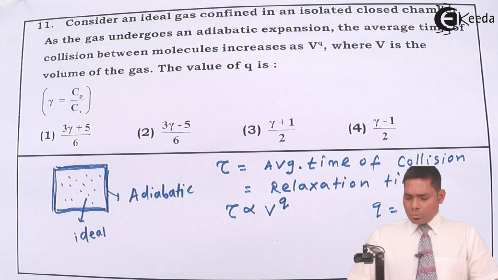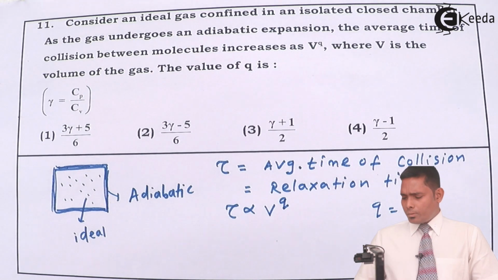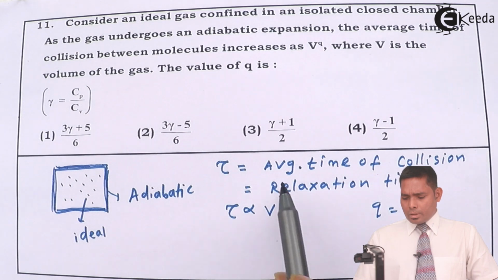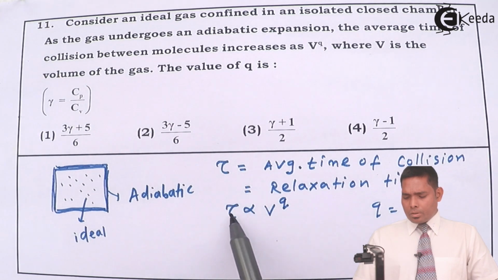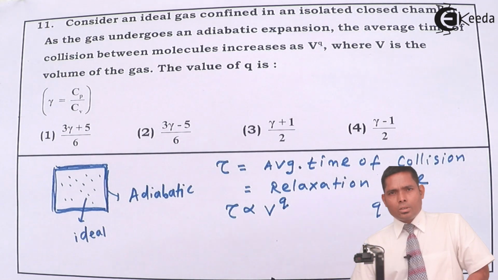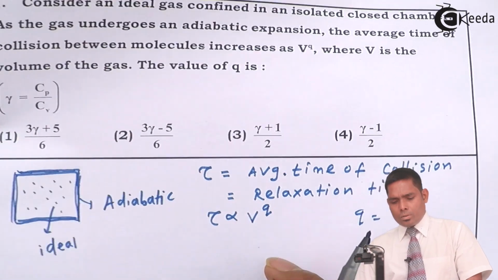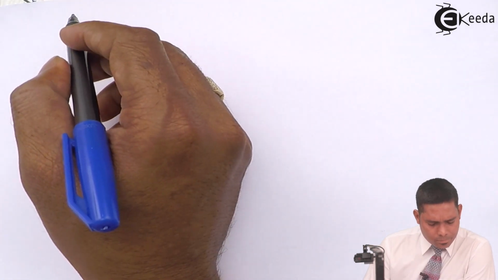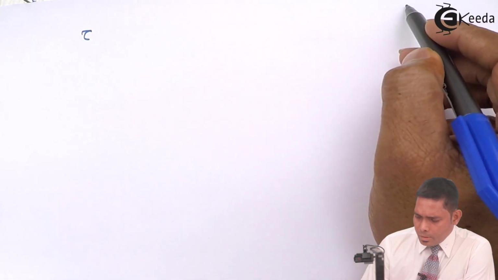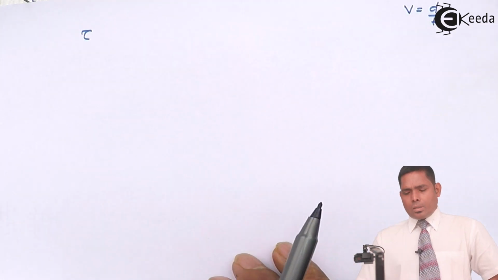Now to solve this, we have to know the formula for the relaxation time and the mean free path. So depending on that, we'll solve the question. I'll take time, because we know that speed is distance by time.